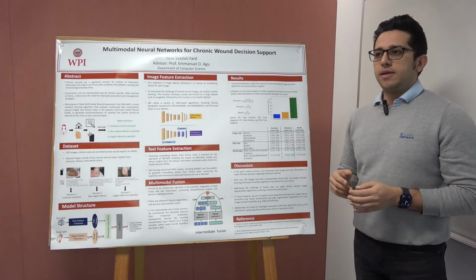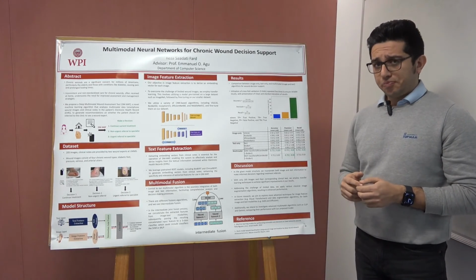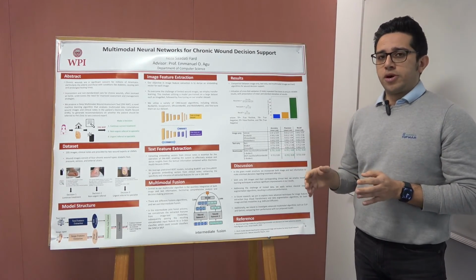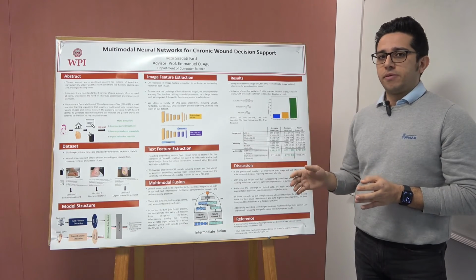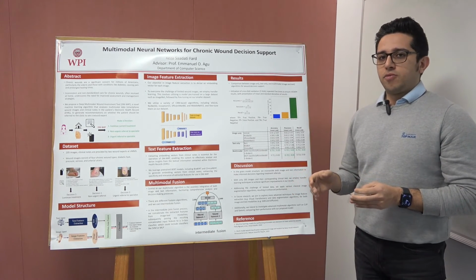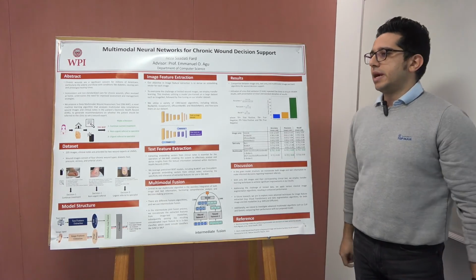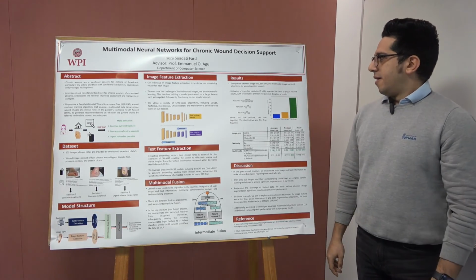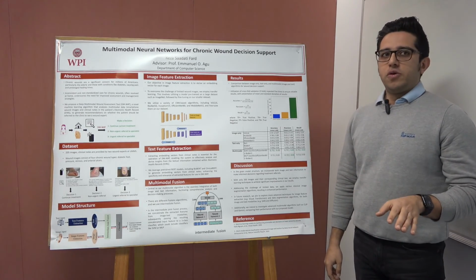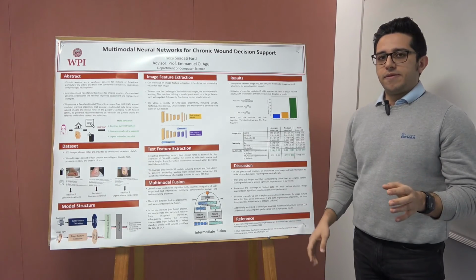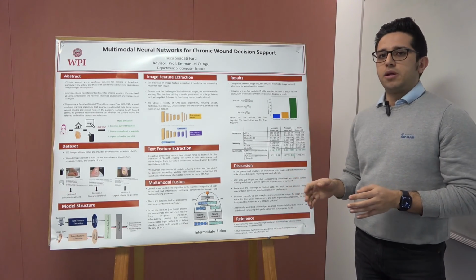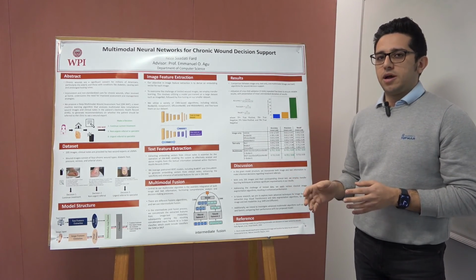In the future, we plan to use much newer, state-of-the-art image models like vision transformer, and also we plan to make a comparison between built-in multimodal models like CLIP and Gemini and our model.